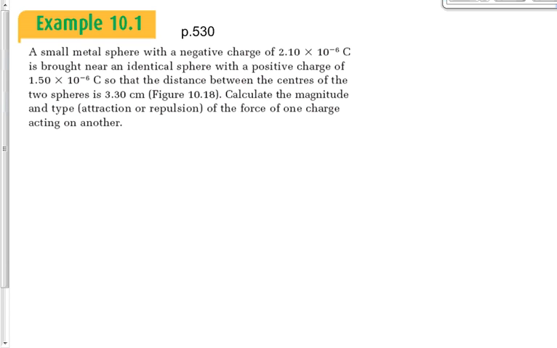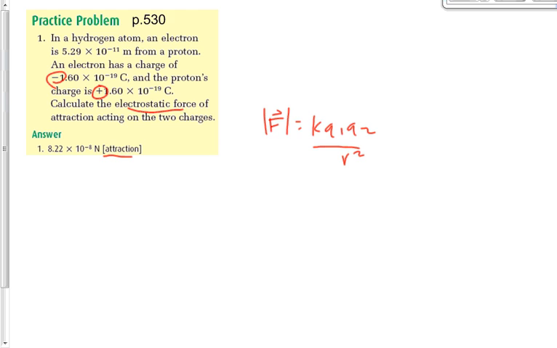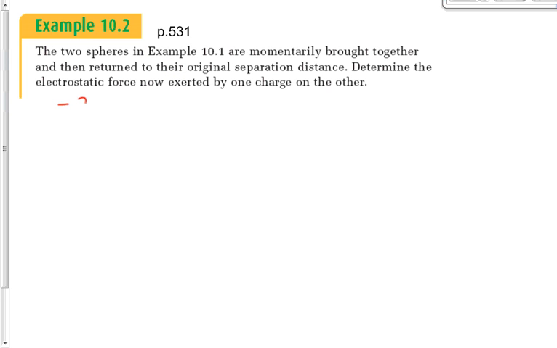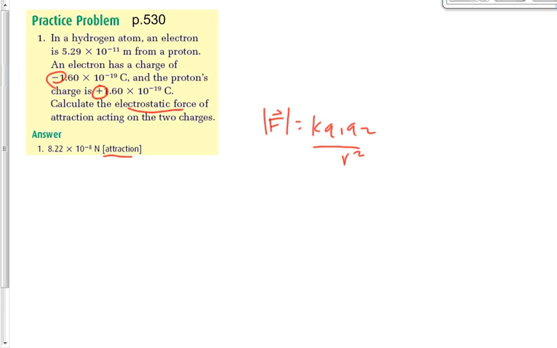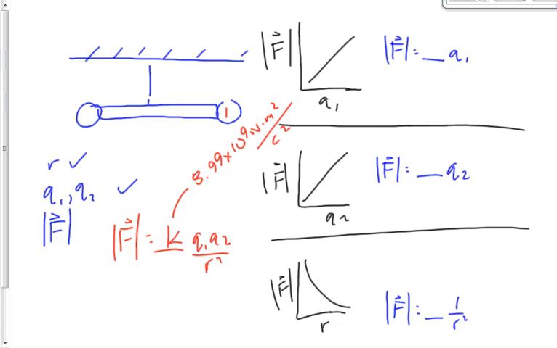It's negative 2.1 times 10 to the minus 6 and positive 1.5 times 10 to the minus 6. The separation distance was 3.30 centimeters.